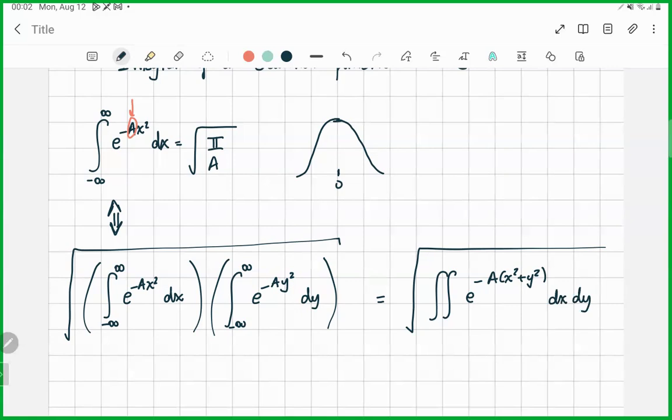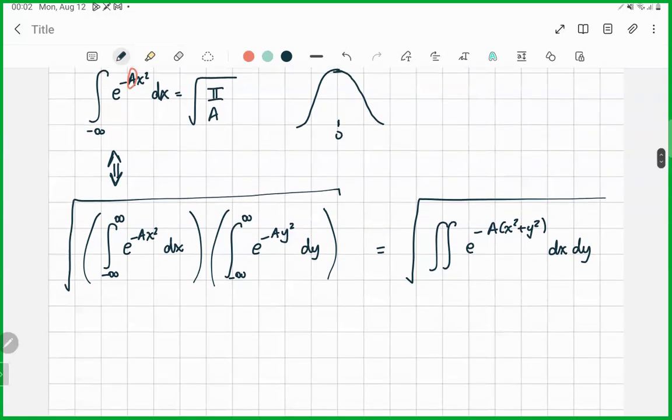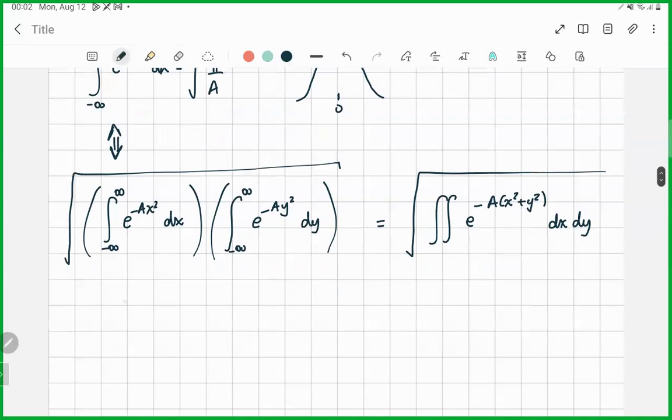This is a nice trick, because now I'm going to do a change of variables. I'm going to use polar coordinates. So instead of x, I'm going to deal with r cosine of theta, and instead of x and y, we'll be dealing with r and theta. So this is going to be our change of variables.